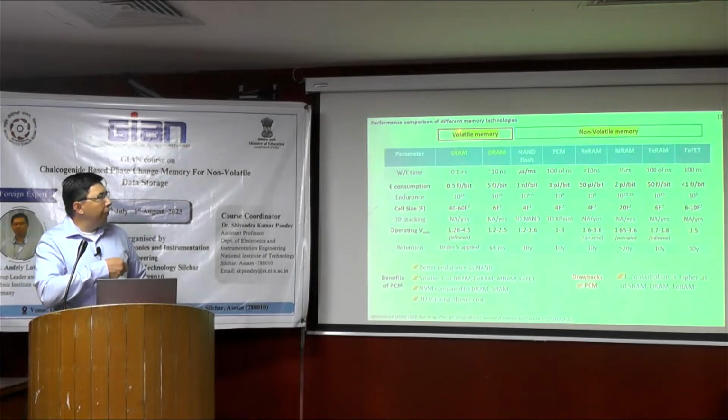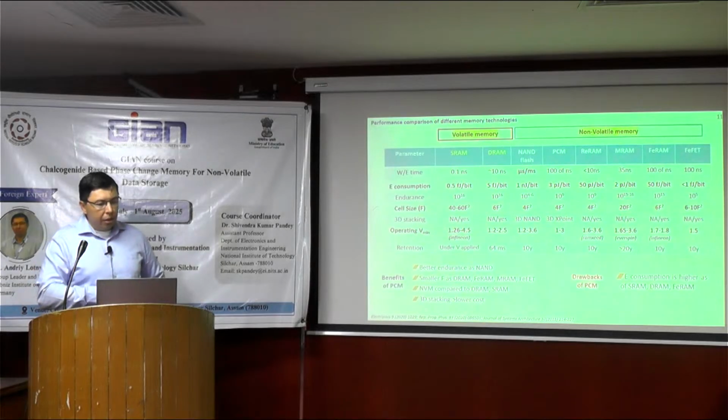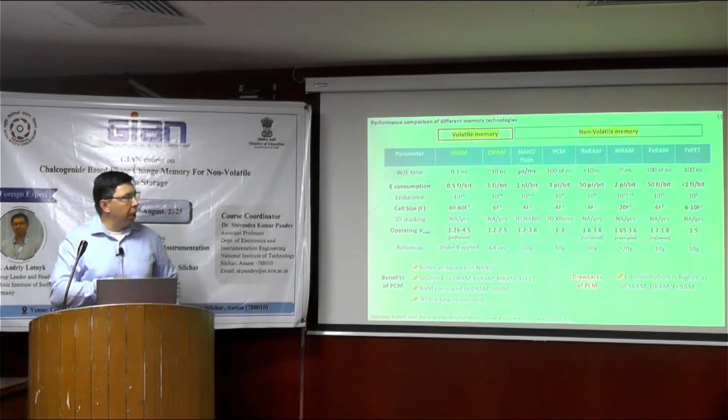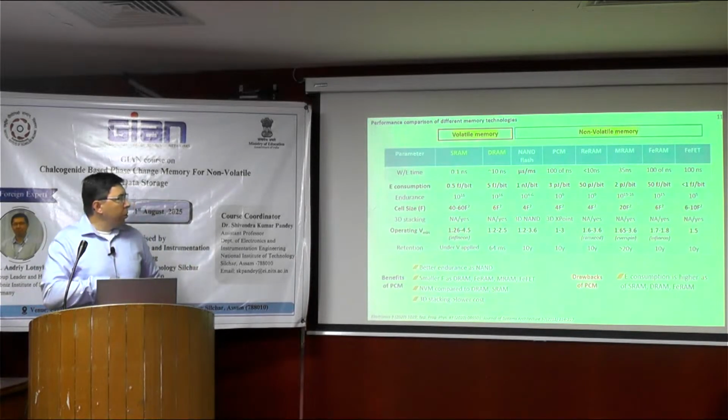Let us compare them with existing memory technologies like the volatile memories SRAM and DRAM, and compare these with all the emerging non-volatile memory technologies. If you look at the writing and erasing time of different technologies and compare it with PCM, the time is now on the nanosecond scale, but SRAM and DRAM are still very fast.